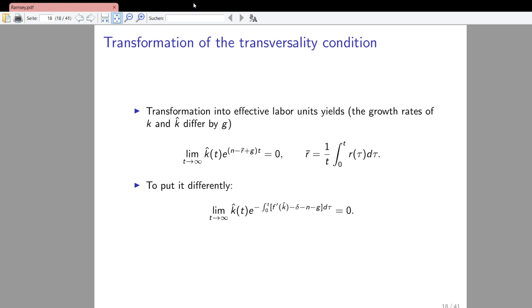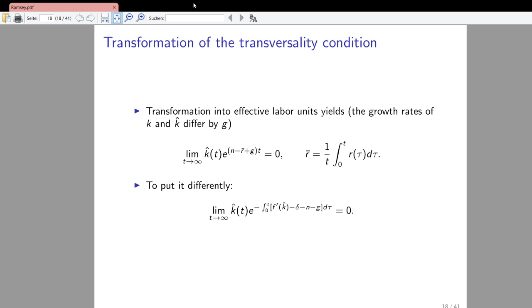Now, to solve this dynamic system for the particular solution, we would need two additional conditions: an initial condition for the initial capital stock per unit of effective labor and an endpoint condition, which is the transversality condition again.